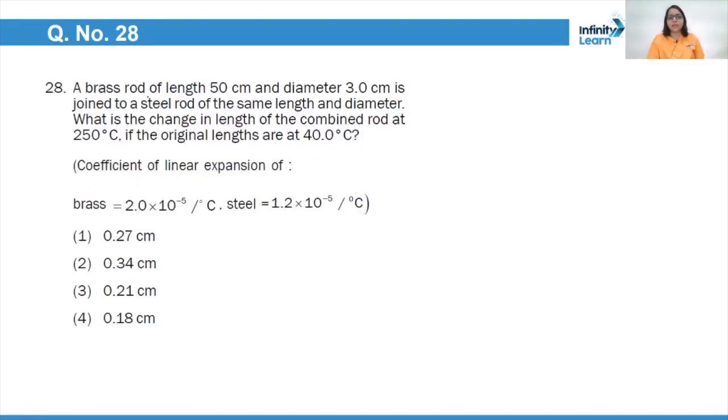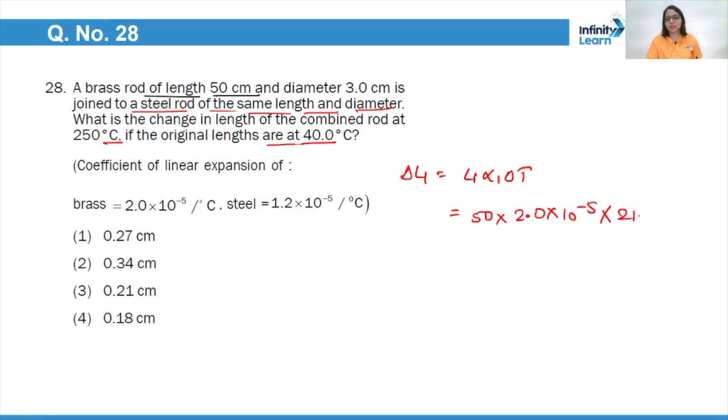Question number 28. A brass rod of length 50 centimeter and diameter 3 centimeter is joined to a steel rod of the same length and diameter. What is the change in length of the combined rod at 250 degrees Celsius if the original lengths are at 40 degrees Celsius? So for brass, delta L1 will be L1 alpha 1 delta T, which is 50 centimeter into alpha 1, which is 2.0 into 10 power minus 5, and delta T is 250 minus 40, that is 210.